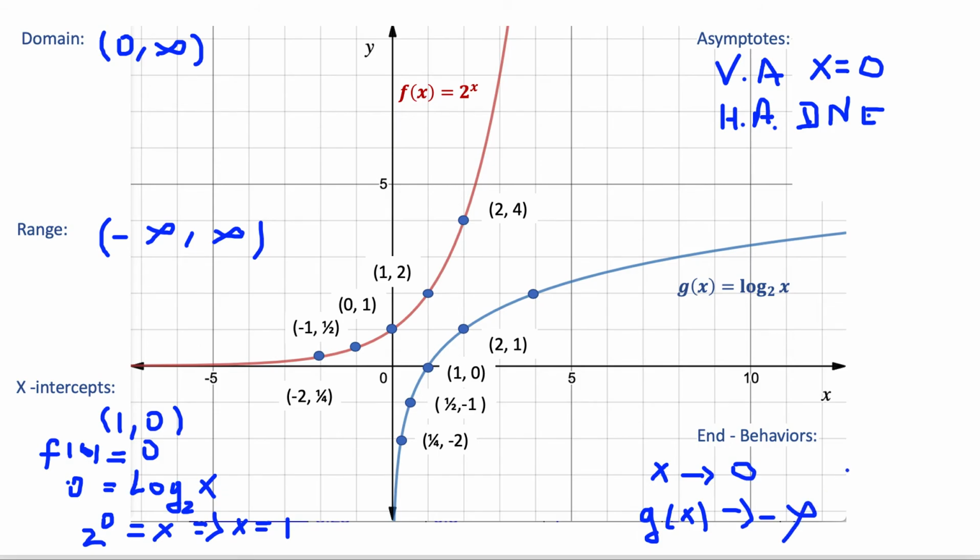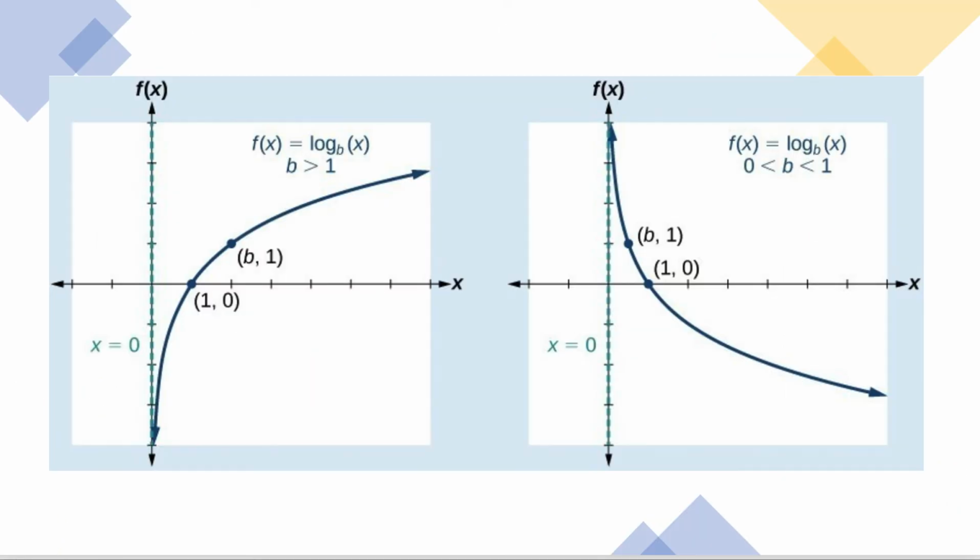And as x goes to infinity, as we see here, g of x goes to positive infinity. Those are the end behaviors of the g function.